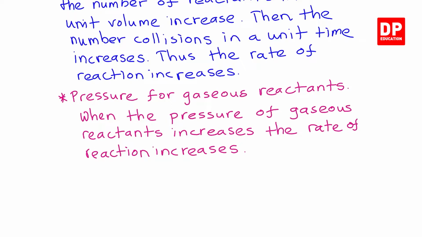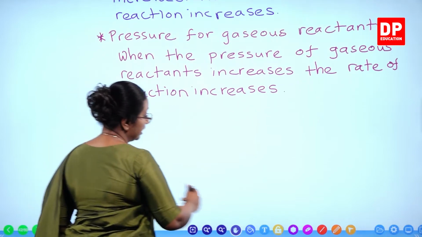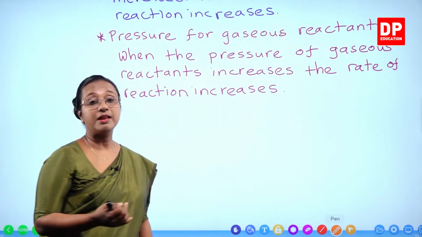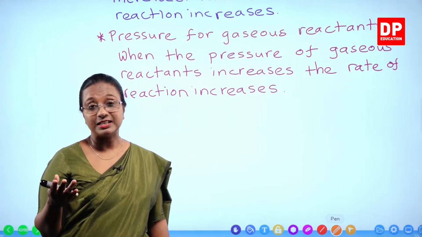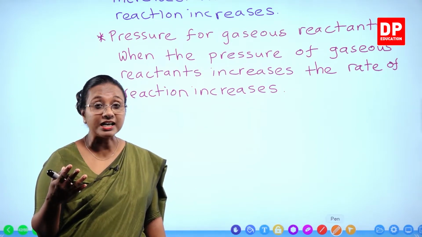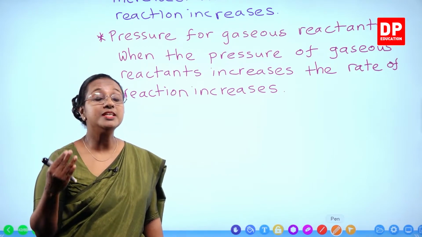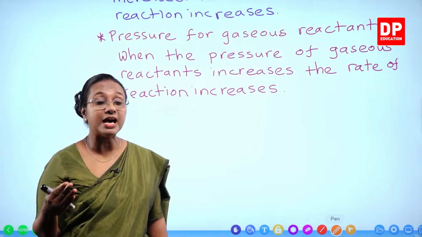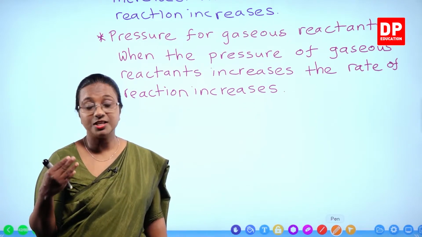So how does that happen? Here also we have already discussed this before. You can remember when you decrease the volume, the pressure of the reactants increases. So there again, the number of collisions in a unit time or per unit time increases. So because of that, the rate of reaction increases.